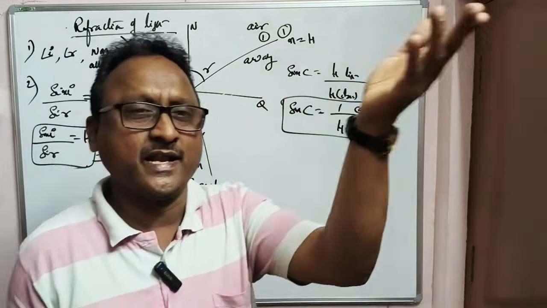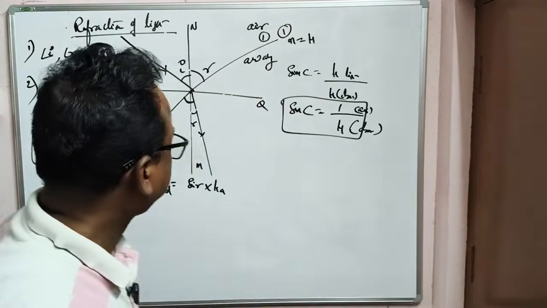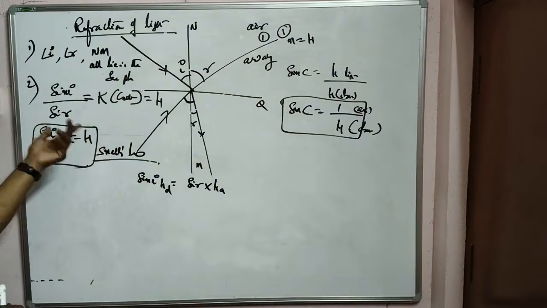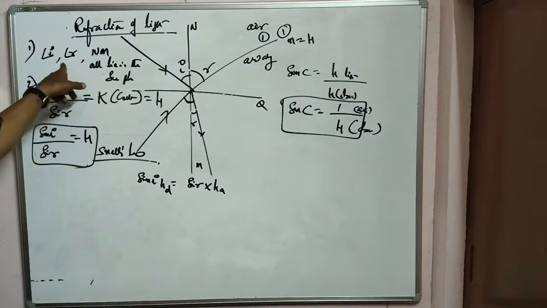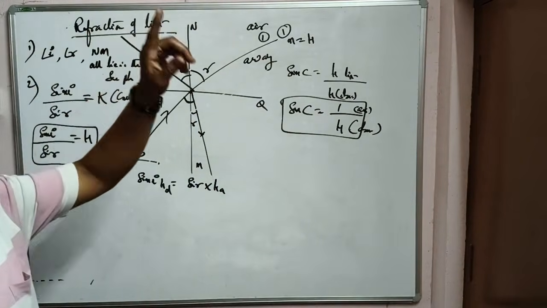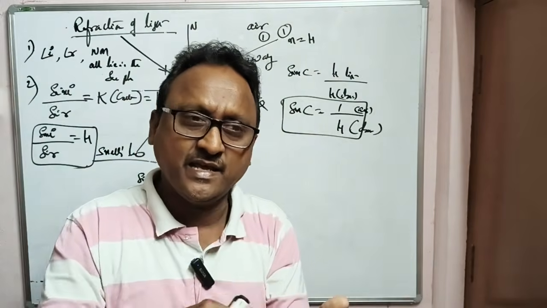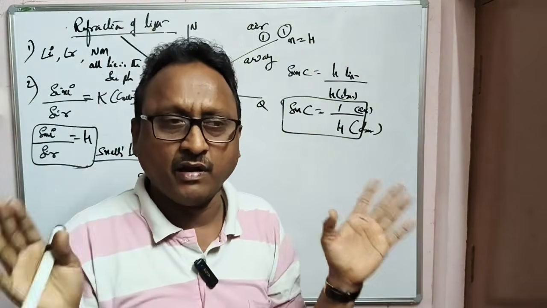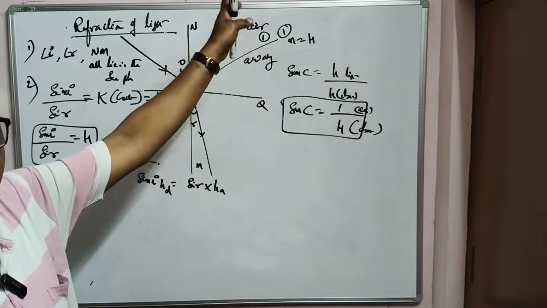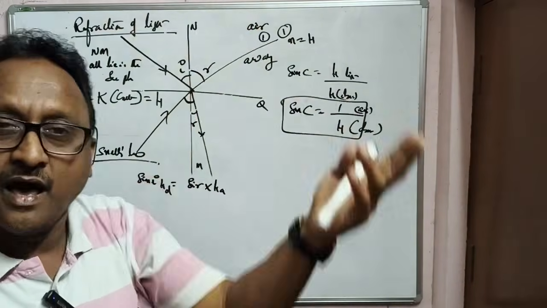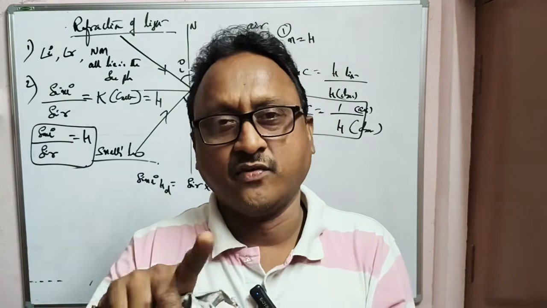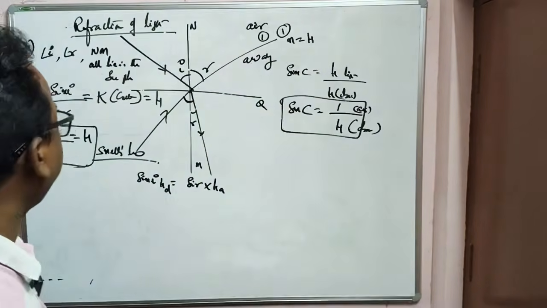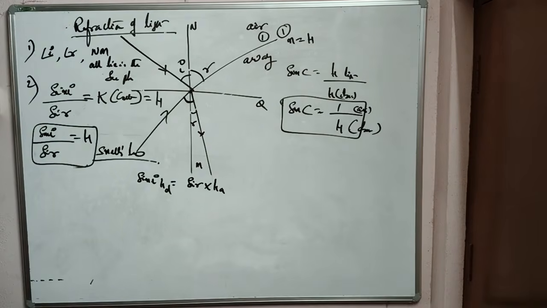That is mu rarer, mu lighter by mu denser. And sin I by sin R is equal to the constant mu. You can apply this in the numericals. This is the second law of refraction. First one, at the point of incidence, the incident angle, refracted angle and normal all lie in the same plane. There, in reflection, angle I is equal to angle R. These things are very, very important, please.